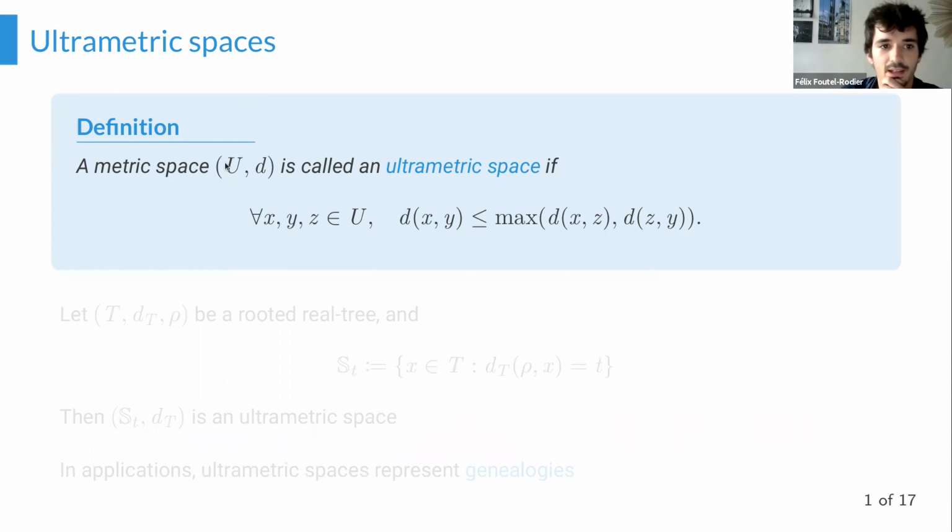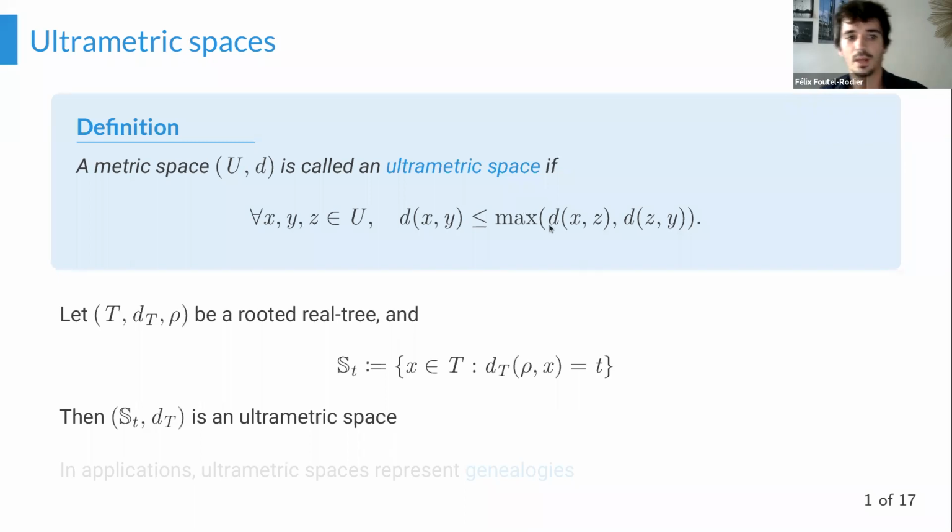So I'm going to say that a metric space (U, d) is an ultrametric space if the metric d fulfills this reinforced triangular inequality. So it is quite hard to know what's behind that. There is actually a quite typical way of generating an ultrametric space, which is to start from some rooted real tree, so a space with a tree distance and a distinguished vertex, and to consider the sphere of radius t of that tree.